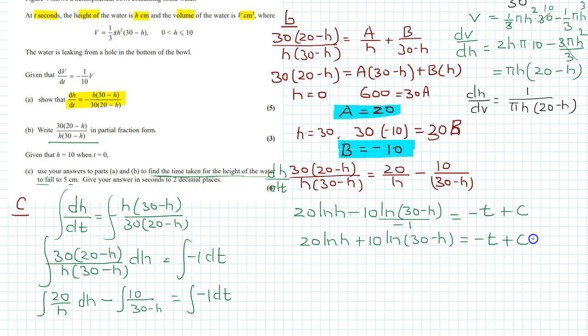Now we have to calculate this value of c. So h is 10 and t is 0. So c will be 20 ln 10 plus 10 ln(30 minus 10), that is 20, is equal to c.